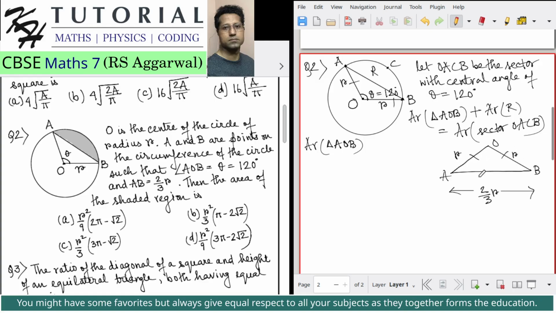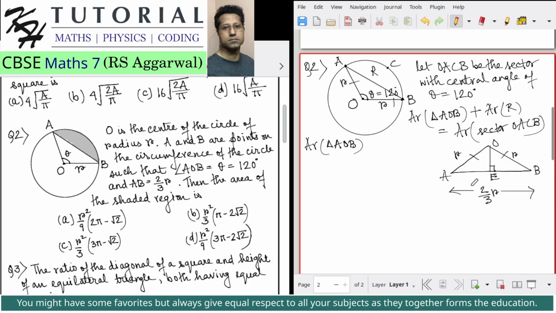So to find the area of this triangle AOB, we know the base AB. Since this is an isosceles triangle where AO is equal to OB, if I draw a perpendicular from the vertex O on AB, and let this point be E, then E will be the midpoint of AB.